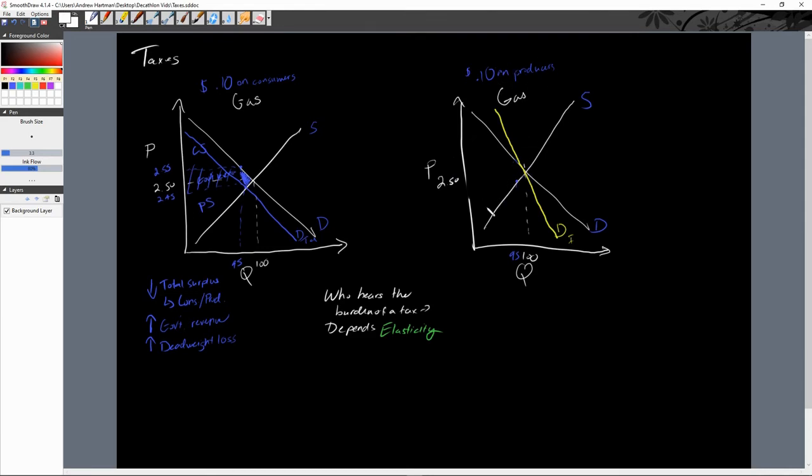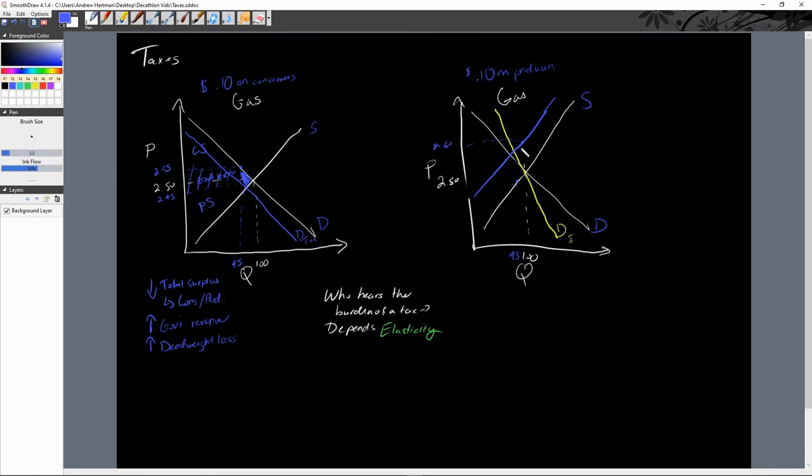And so we're going to see that same shift occur that we had previously. So we're going to go up 10 cents to $2.45. This is $2.60. Sorry, let's blow this out a little bit more. Okay, there we go. Let's call this $2.60 right here.